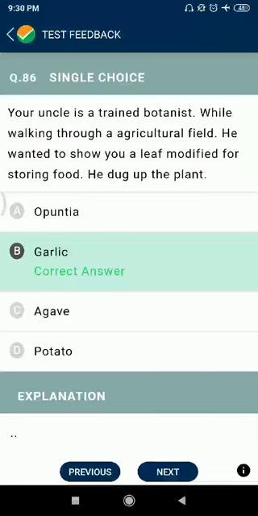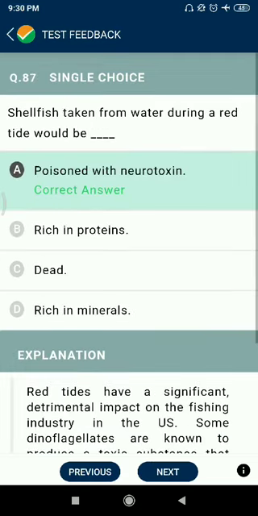Question 86. Your uncle is a trained botanist. While walking through an agricultural field, he wanted to show you a leaf modified for storing food. He dug up the plant for garlic. Question 87.